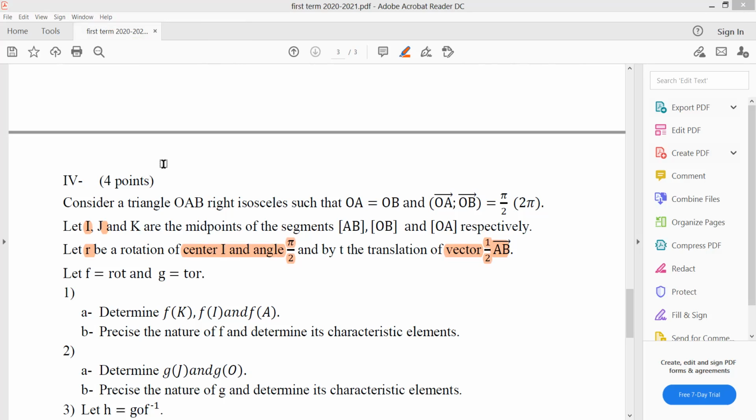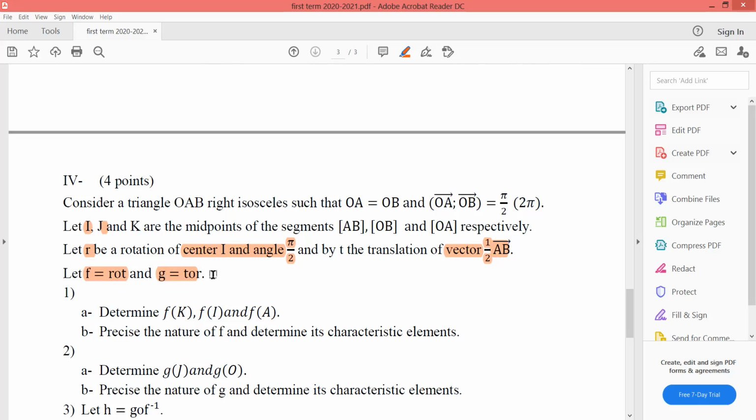Now we have two other transformations. F equals the composite of a rotation and a translation, and G is the composite of a translation and a rotation. They are not the same.